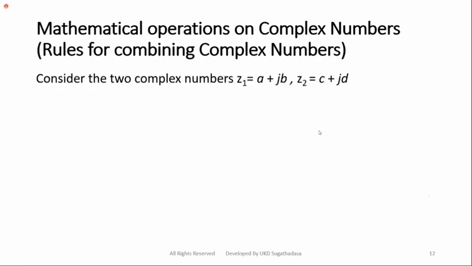Let us take the two complex numbers, Z1 equals A plus JB and Z2 equals C plus JD, where A, B, C, D are given real numbers.